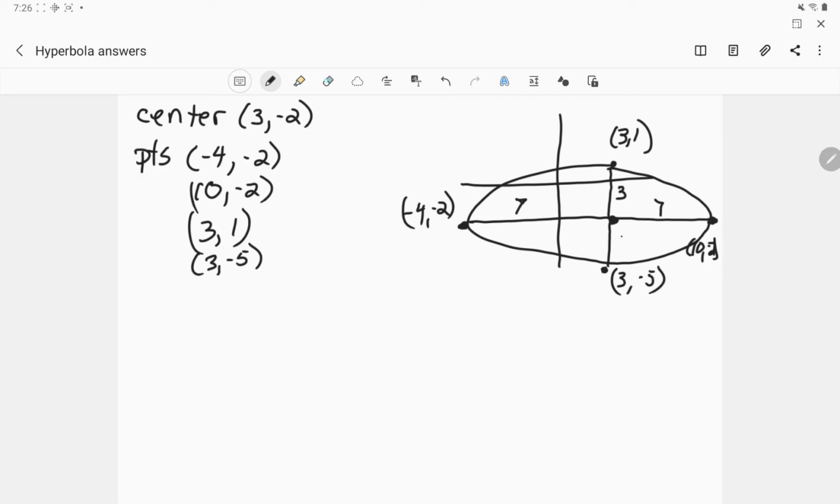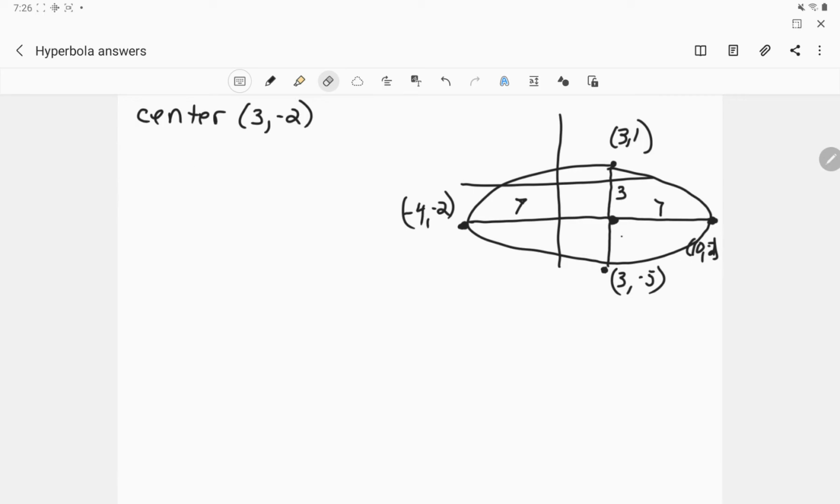So now that I've got that information, I'm just going to get rid of that. All I really need there is my center. So to put it in standard form, I know that because the long axis is going horizontally, same way as the x-axis, the standard form is going to be x minus h squared over a squared plus y minus k squared over b squared equals 1.